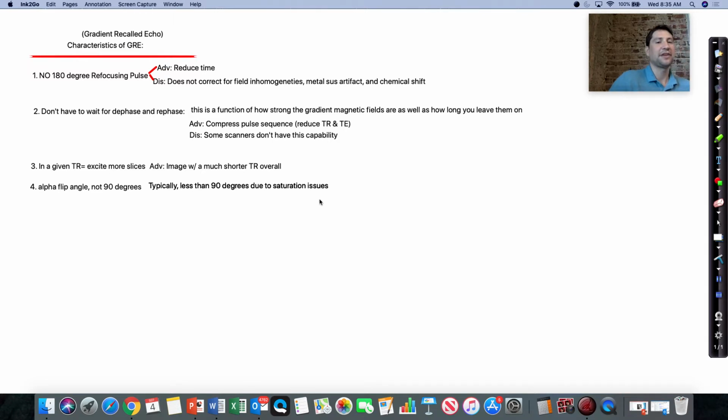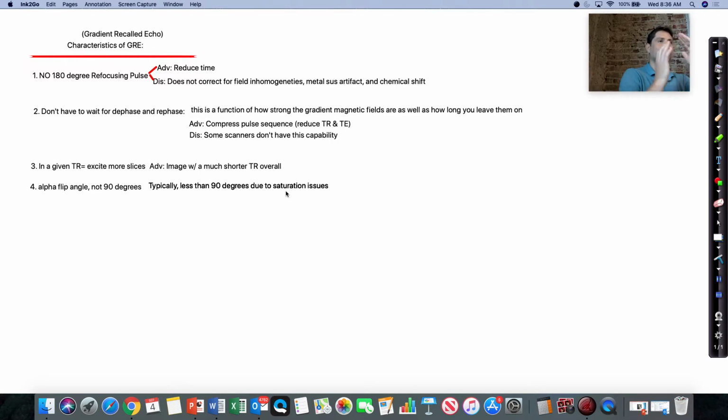And with this saturation issue, we start to develop a concept called the steady state. Has anybody read that in the book? The steady state. It's one of the harder concepts to understand, but we'll go over that today. But the steady state came about because our TRs are so short in gradient echo pulse sequences, we need to create a flip angle that's less than 90 degrees that still gives us good signal from those tissues.